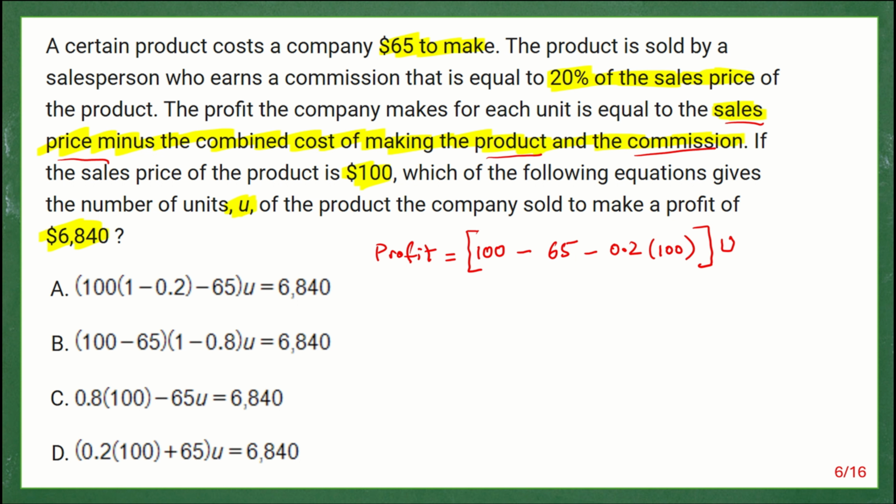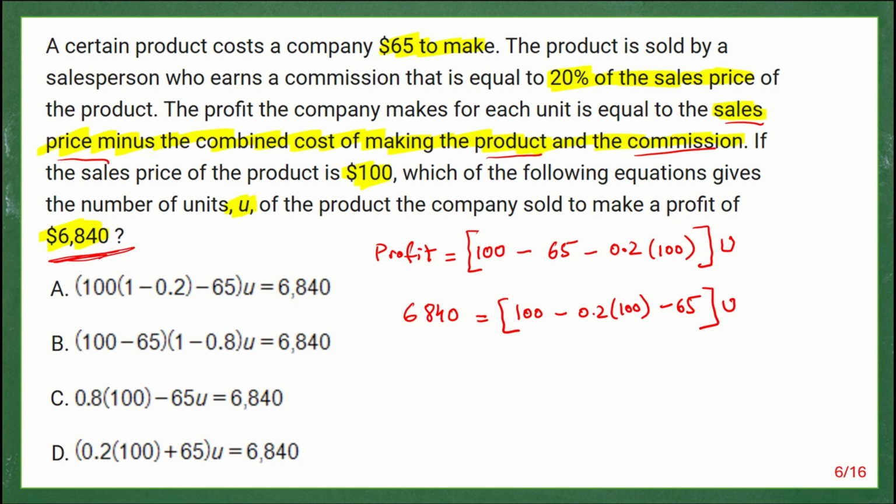Now in the problem we are given what is the actual value of profit, so let's plug that thing in. I have 6,840 equals to (100 minus 0.2 times 100 minus 65) times u here, and this is our expression.